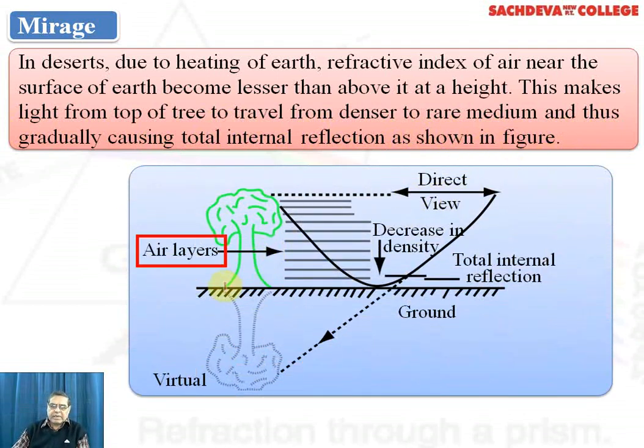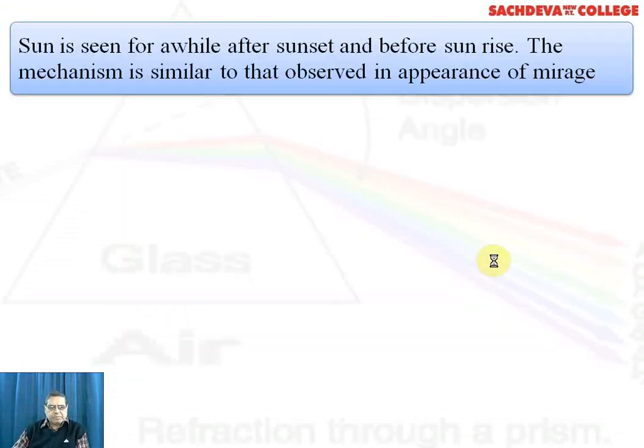So air layers are there, and we are directly viewing the tree, and it appears as if it is under the ground, but it is basically a phenomenon of total internal reflection. That is, the densities change at the denser medium and at the rarer medium, and that's the cause of optical illusion.